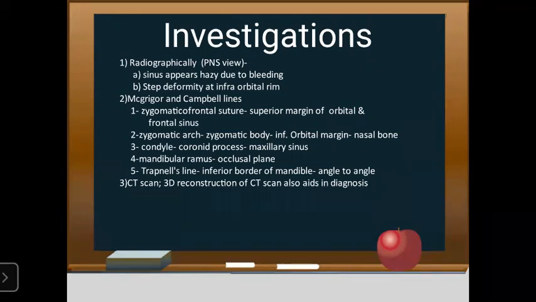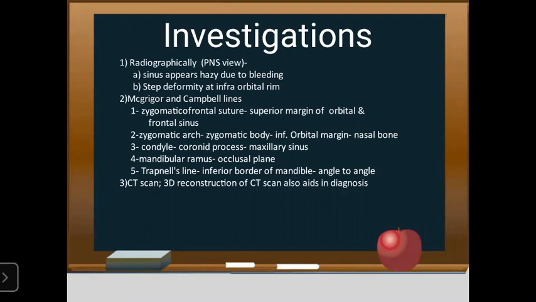McGregor and Campbell lines. These lines were introduced by McGregor and Campbell in 1950. By studying these lines, it reduces the chances of failing to detect the fracture. First line runs from zygomatico-frontal suture crossing the superior margin of orbit and frontal sinus.